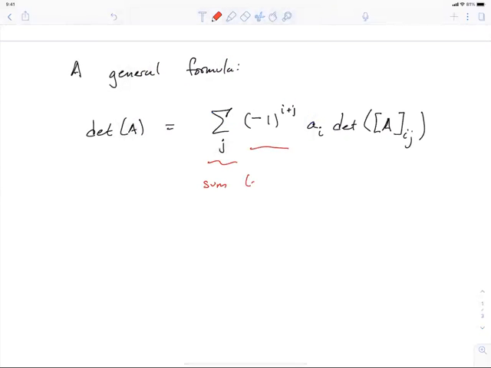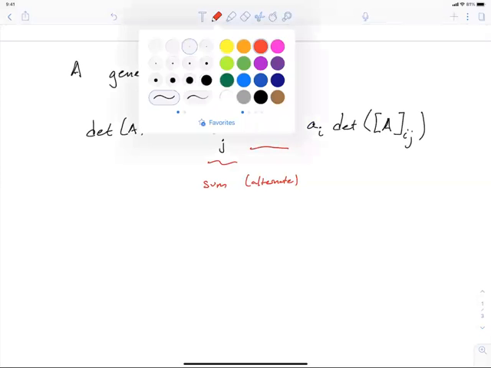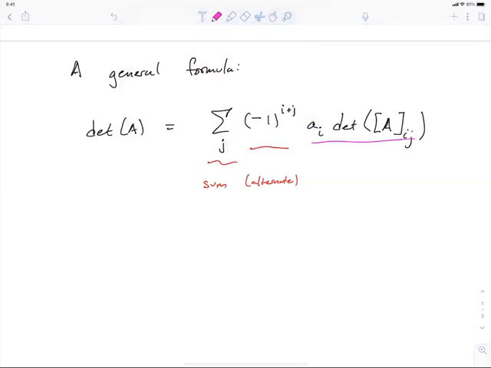It's going to alternate over a product including the determinants of minors. All right, so this is the product and the determinant of the minors right here. All right, so that's the general formula.